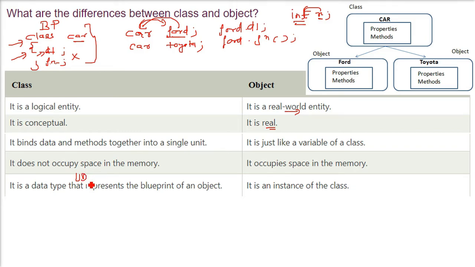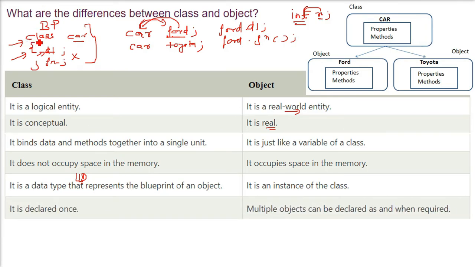Please remember that it is just giving a blueprint or a template for an object to be made. So you cannot call a class a data structure. You cannot call it any other kind of data type. It is a simple user defined data type. But the object is the actual instance of the class.